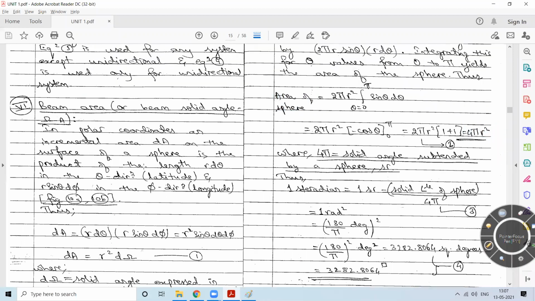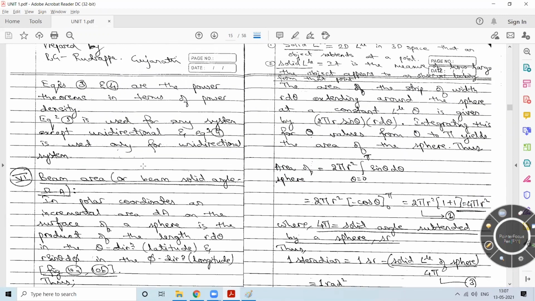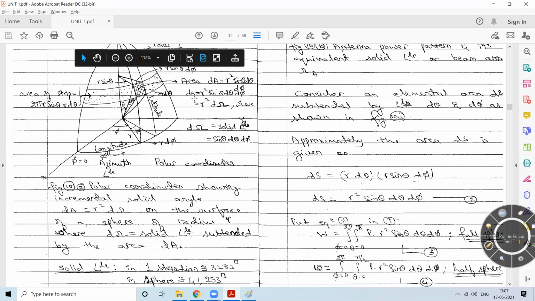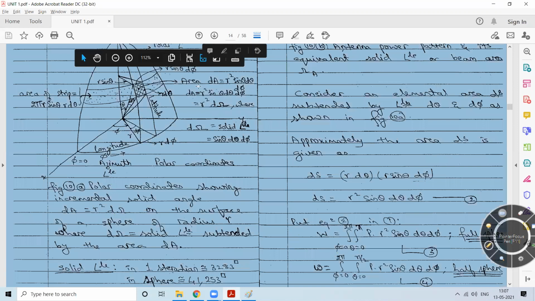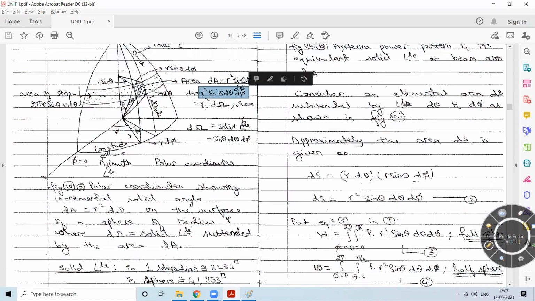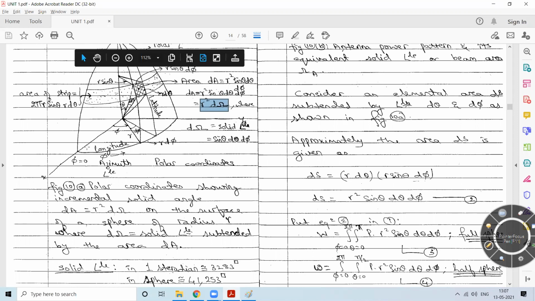Previously we measured some parameter over here. If I happen to measure the area, this is given by r square sine theta d phi, which is r square into d omega. So whatever elemental surface area we are measuring, the area will be given by r square into d omega, which is related to this small elemental surface area of the sphere.